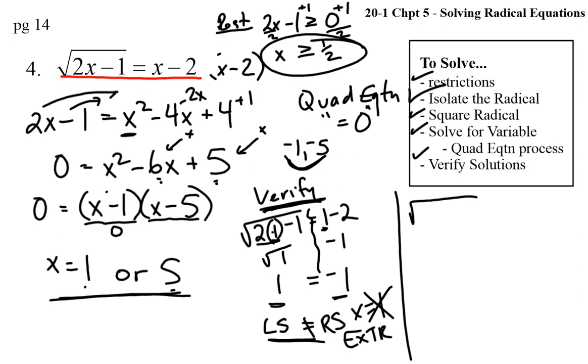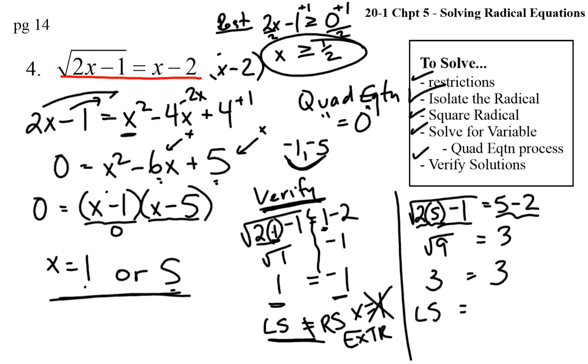Square root of 2 times 5 minus 1 should equal 5 minus 2. 2 times 5 is 10. 10 minus 1 is 9. So we have root 9, which is a 3. Over on this side, 5 minus 2 is 3. Look at that. Left side equals right side. So what does that tell us?